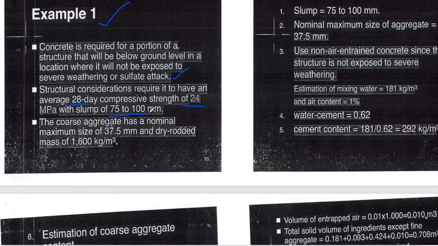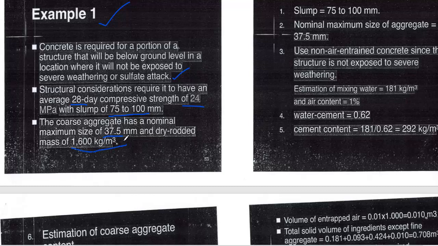So they have given you vital information, and the coarse aggregate has a nominal maximum size of 37.5. It is also given. Can you see this? So you have a maximum coarse aggregate size of 37.5 mm. Always keep in mind the dimension. And the dry rodded mass is given.